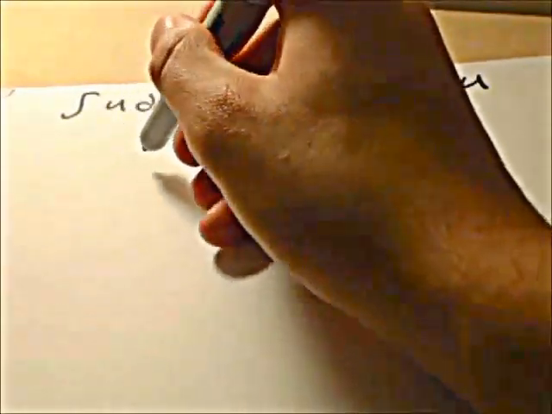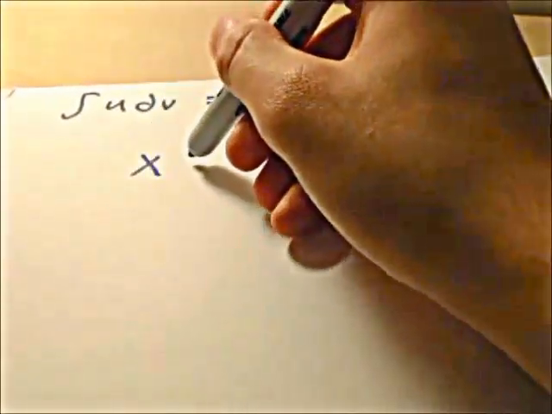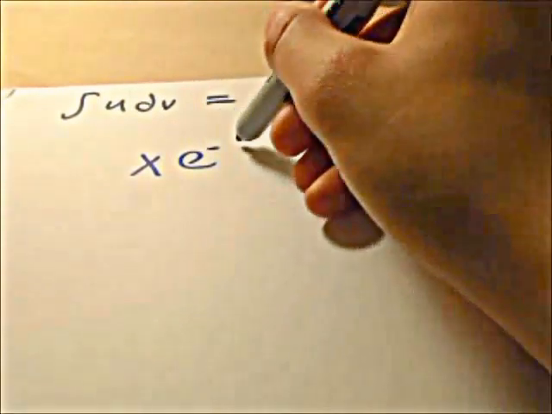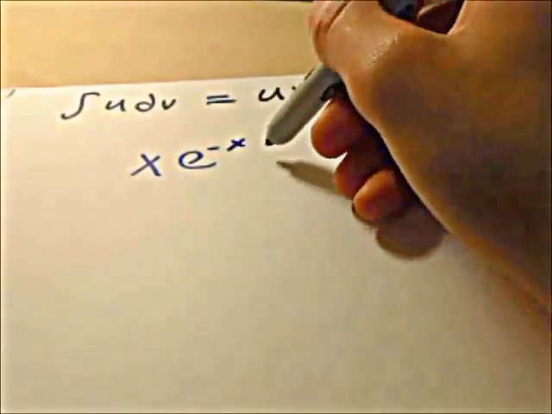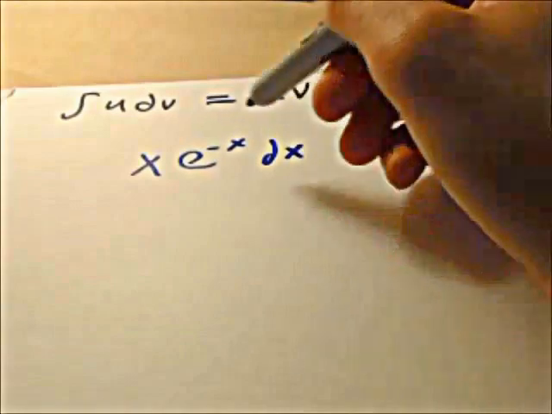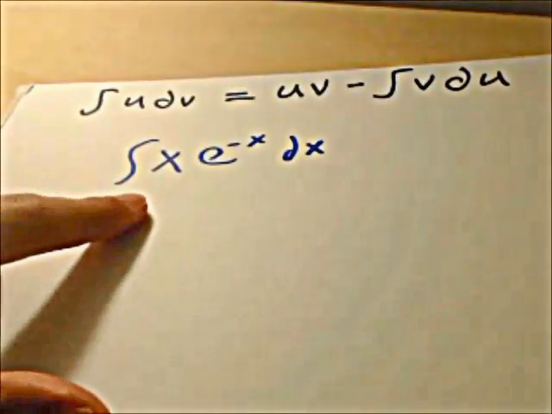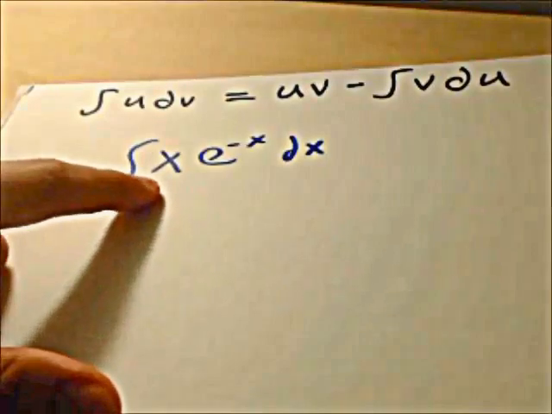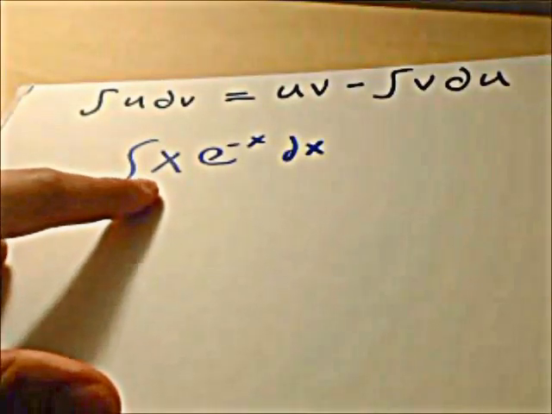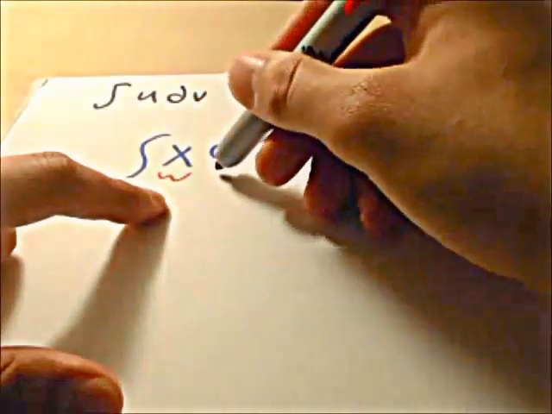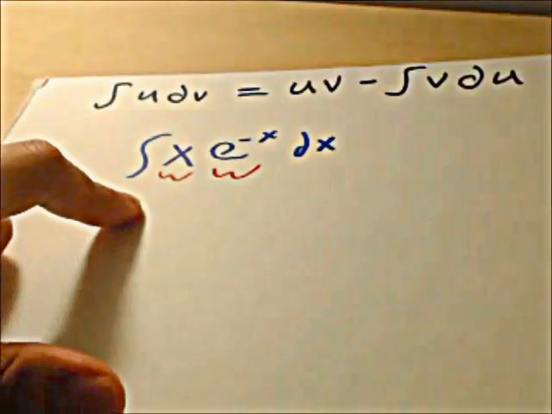So suppose that we have the integral of x e to the power minus x dx. I'm going to pick two pieces, and I'm going to call one of them u and the other one dv.